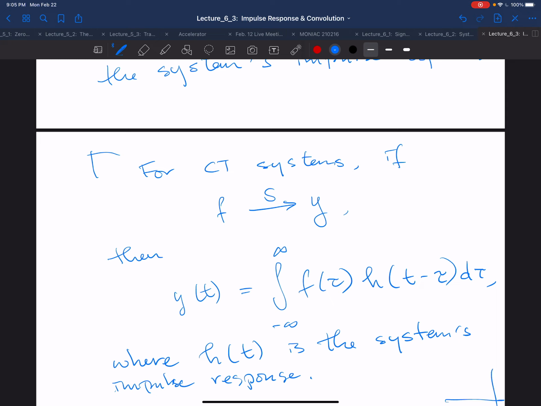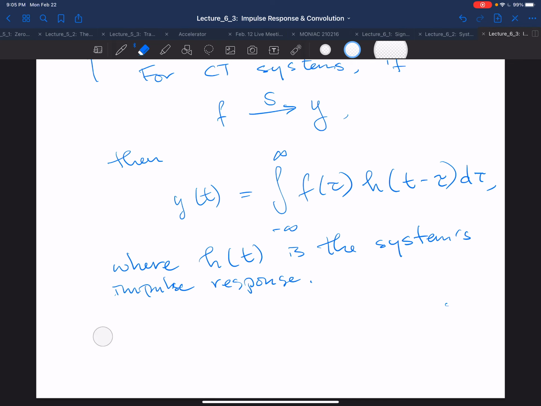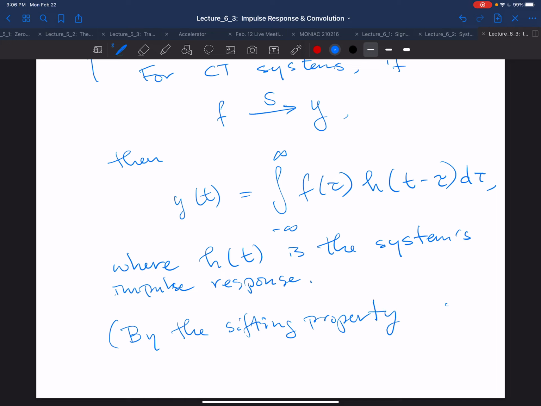So the same result carries over to CT systems, and in fact, just as in the case of discrete time systems, it follows from the sifting property of the unit impulse, which you can reinterpret as saying that you can decompose F into a linear combination of impulses, and then when you apply to that linear combination of impulses the properties of linearity and time invariance, an analogous argument applies.